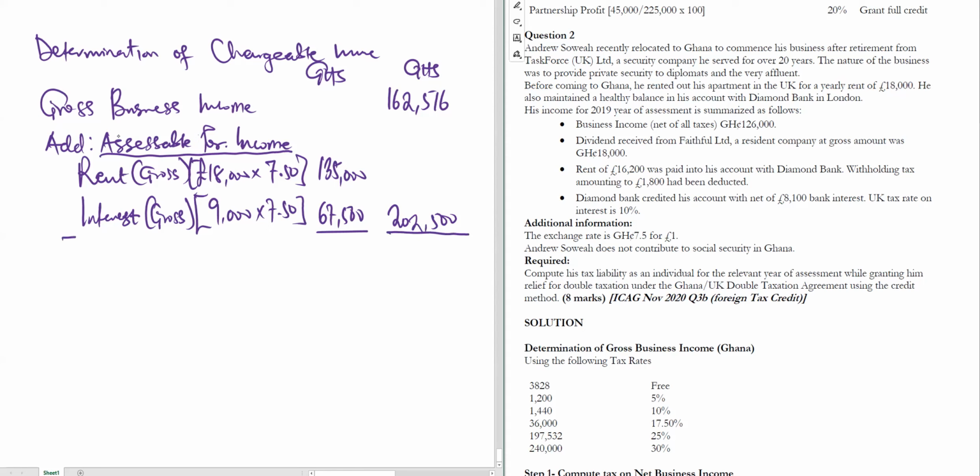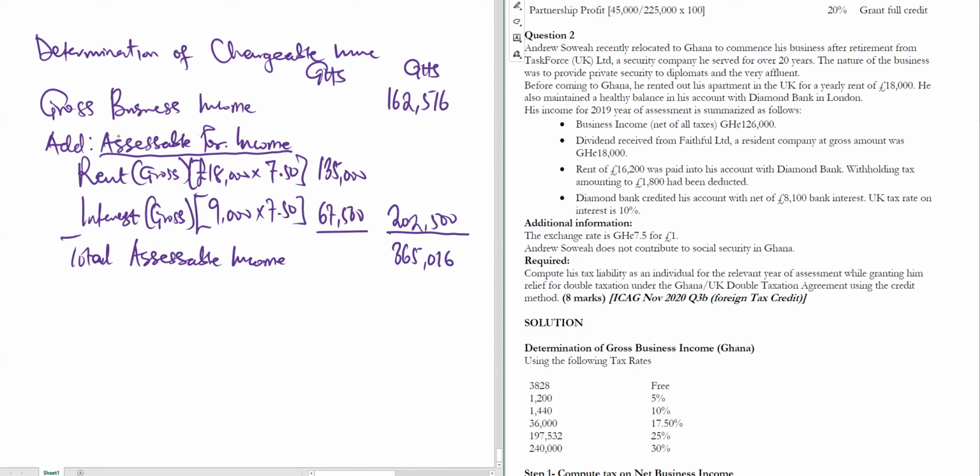Okay. So this gives us our total accessible income. How much would that be? So we have 162,516 plus 202,500. 365,016. So was there any relief?